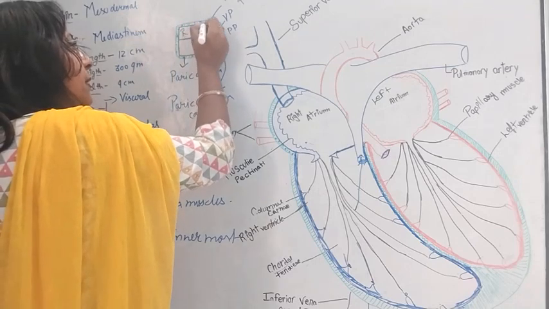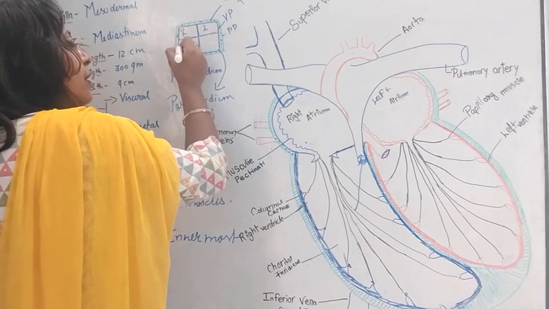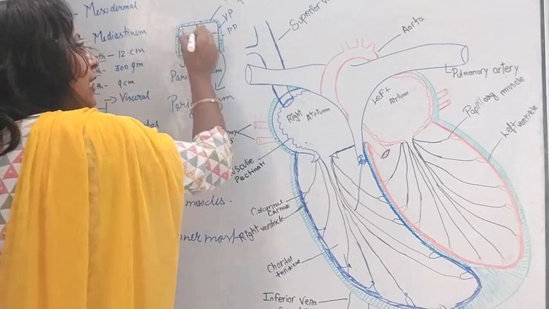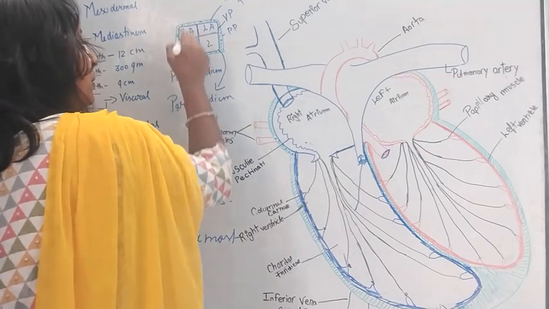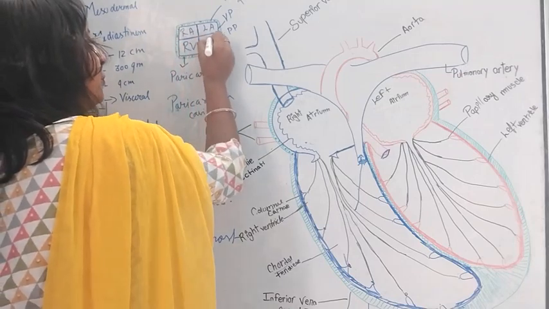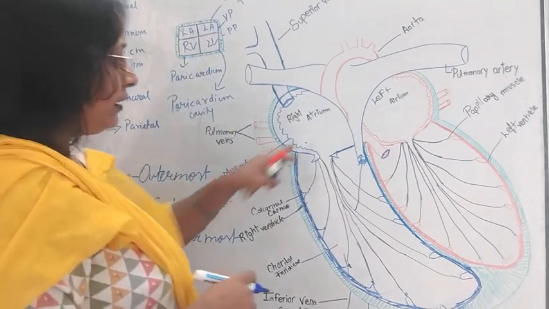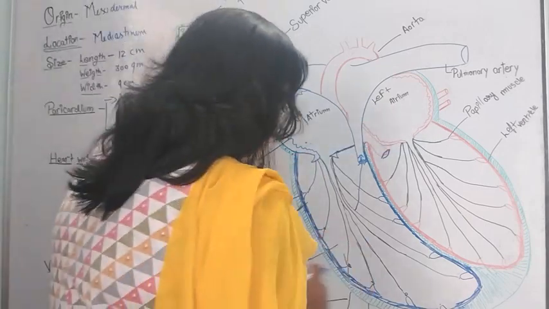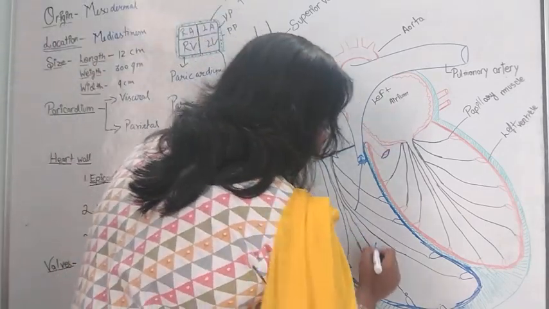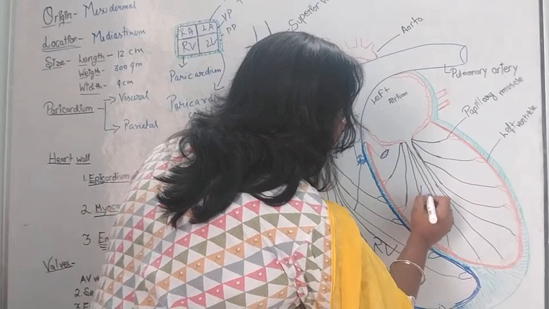The uppermost chambers are the right and left atrium. The lowermost chambers are the right ventricle and left ventricle. You can see there the right atrium, left atrium, right ventricle and left ventricle.